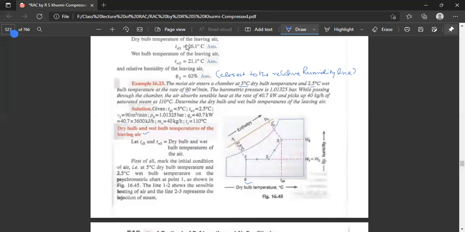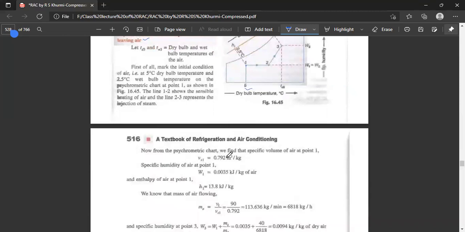Now, line 1-2 is the sensible heating of air, and line 2-3 represents the injection of steam. From the psychrometric chart, we get from point 1 the specific volume of the air, that is 0.792 cubic meter per kg.